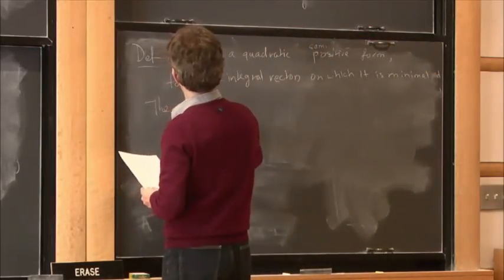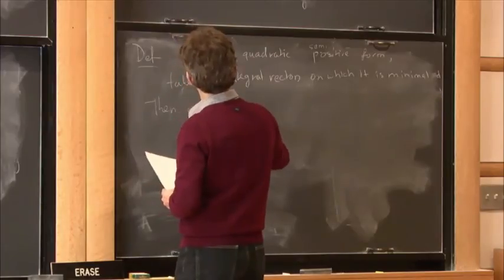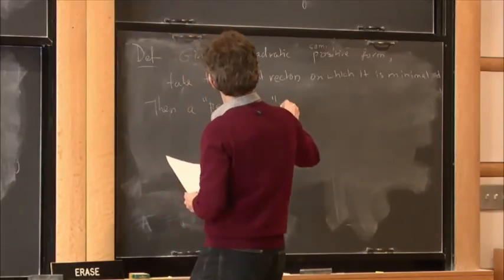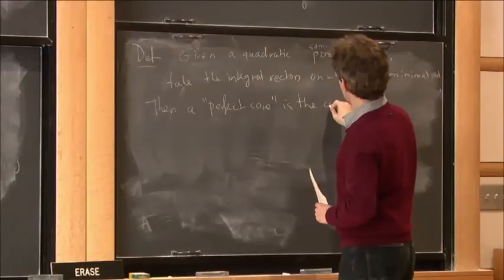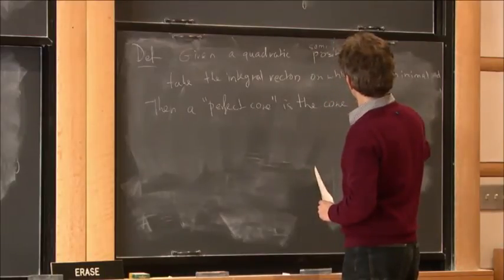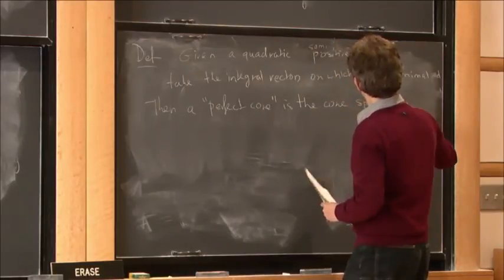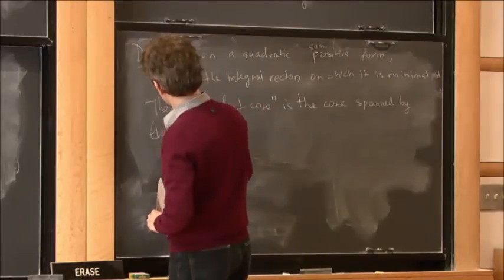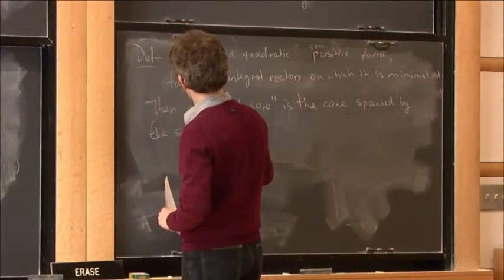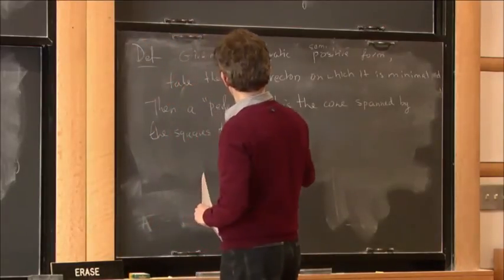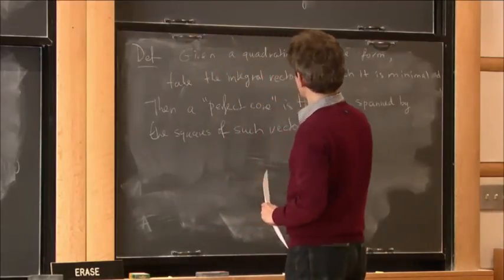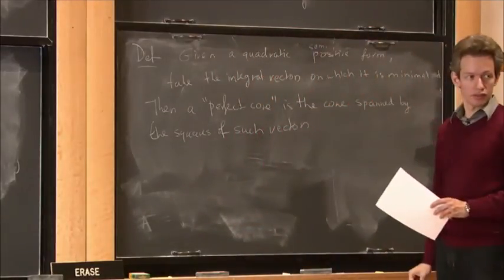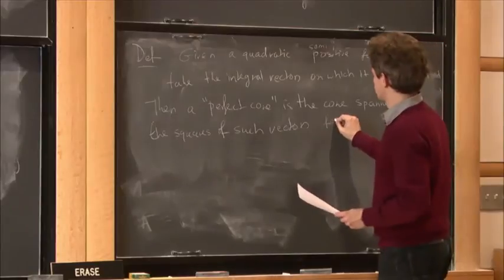Then a perfect cone is the cone spanned by the squares of such vectors, for some quadratic form.